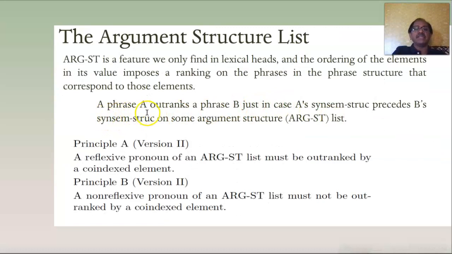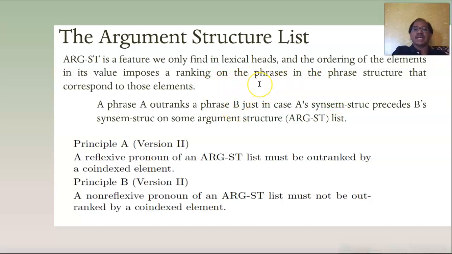So a phrase A outranks a phrase B just in case A's synsem structure precedes B's synsem structure on some argument structure list. You have an argument structure list in which there is an A and there is a B. A is one synsem structure, B is another synsem structure.